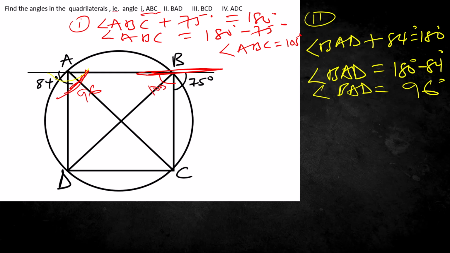This side plus this side will give us 180, and this side plus this side gives us 180. So this side is 105, this side will be 75. This side is 96, this side will be 84. As simple as that. So ADC is 75, BCD is 84.